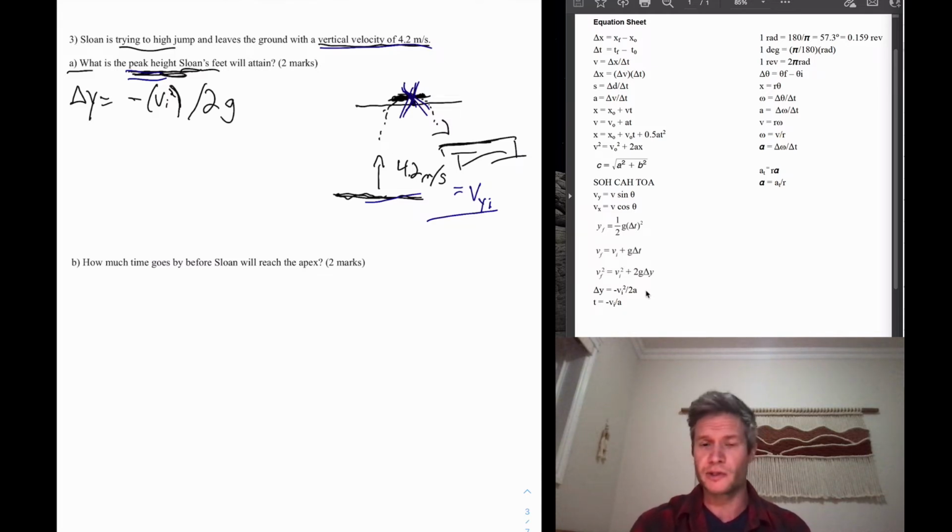So you can use those interchangeably as long as your system and the question applies that situation. I put brackets around the initial velocity before I squared it because we want to make sure that negative sign stays there.